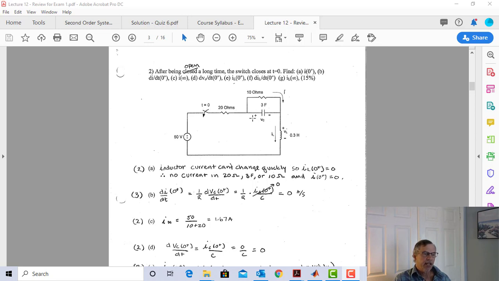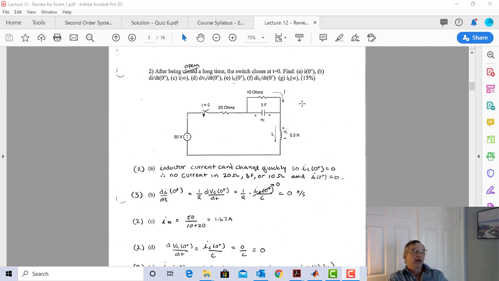I don't have any current in the capacitor because I'm not changing the voltage across this capacitor, so I have no current through here. And if I have no current here and no current here, I have no current in the capacitor.